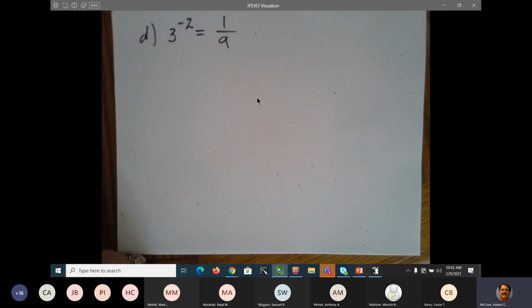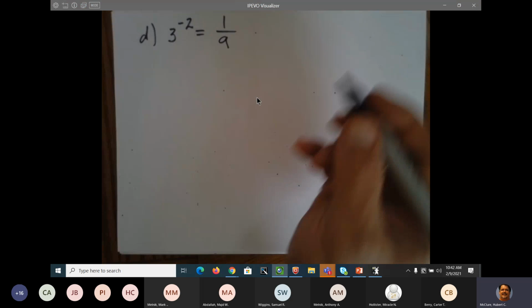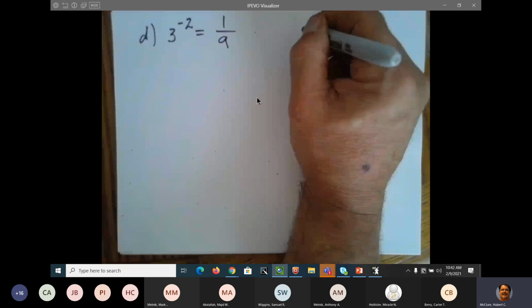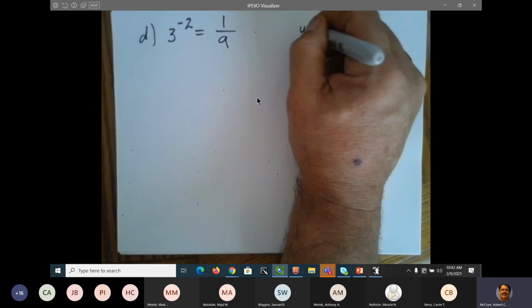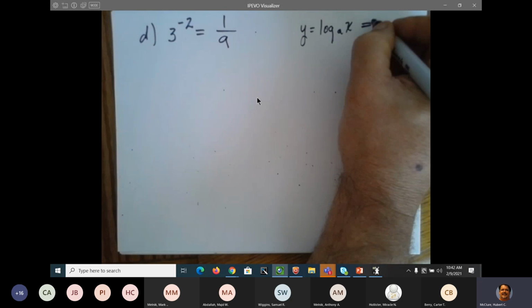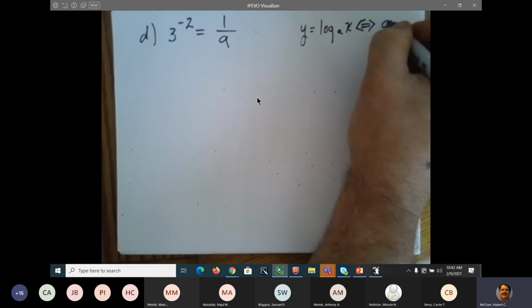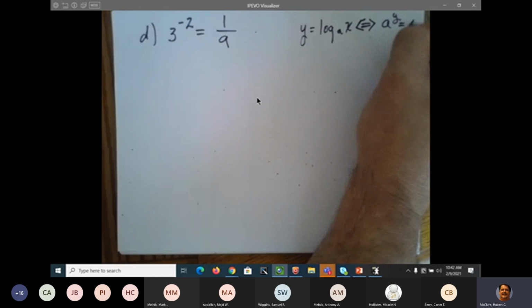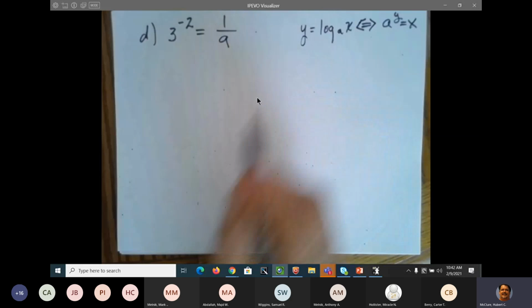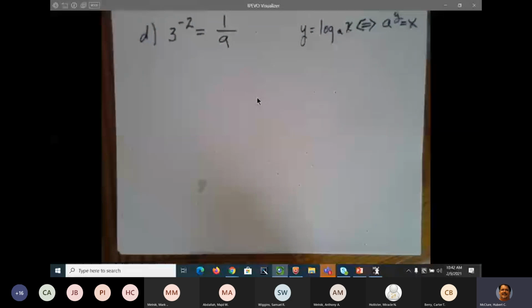All right, now my definition, I use y is equal to log base a of x gives us a to the y is equal to x. Now that's the way I do it. Now, which one do we have? Well, we don't have a logarithm, Hubert. That's right. So you have an exponent. So I have this side.